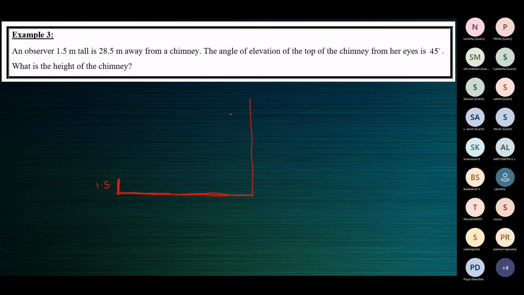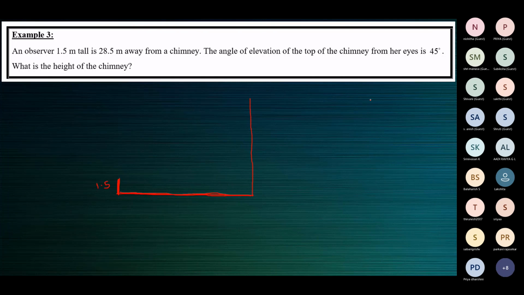But what actually in the question tells you that the chimney is taller than the observer? The angle of elevation of the top of the chimney from her eyes is 45 degrees. So that means the observer has to raise her head. She has to look up to look at the top of the chimney. That means the chimney is taller than the observer.